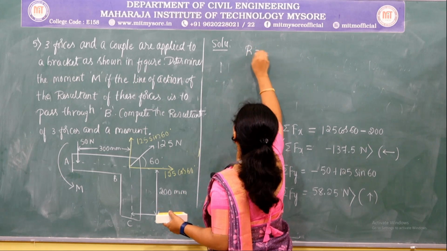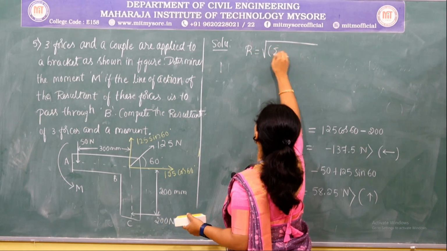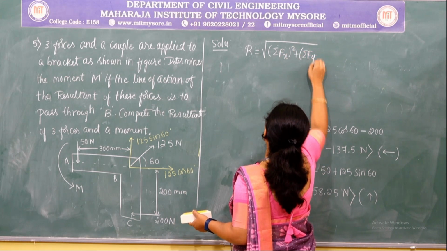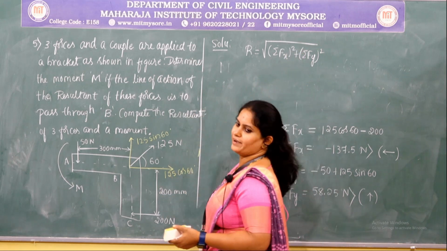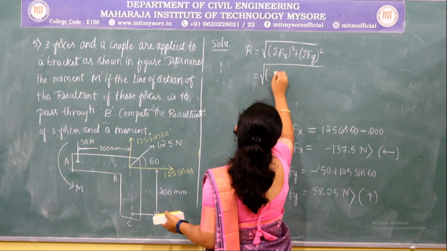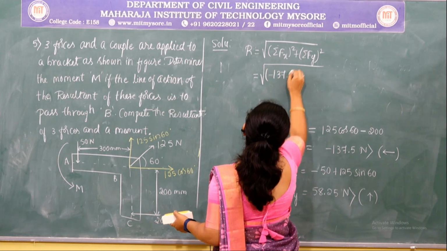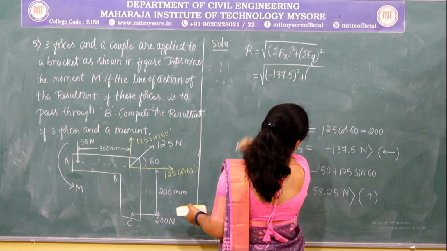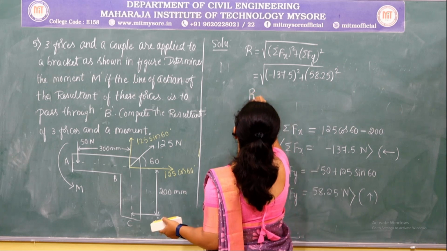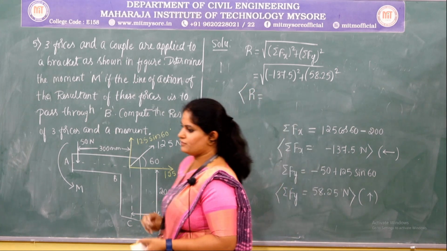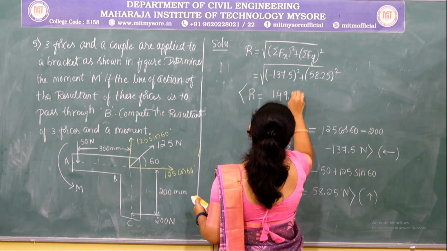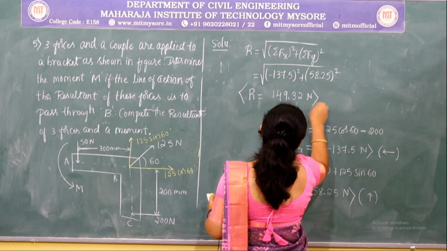So we know that R is equal to square root of summation of Fx whole square plus summation of Fy whole square, and we got the value of R as 149.32 Newton.